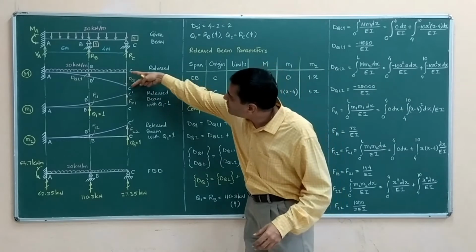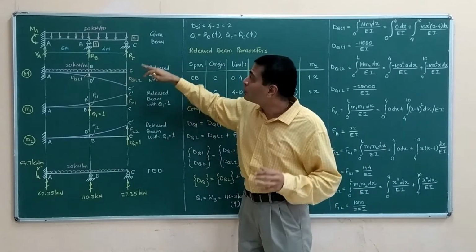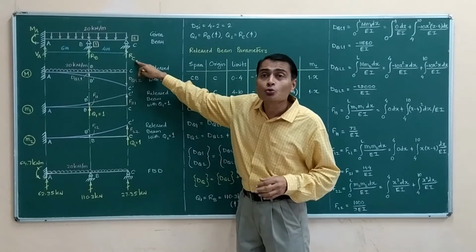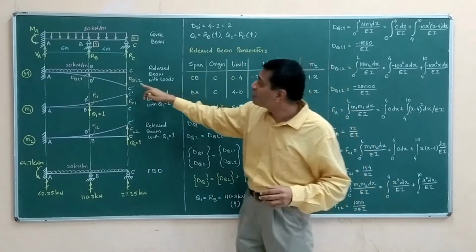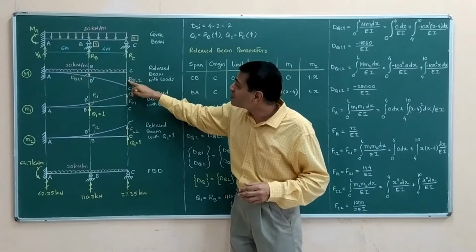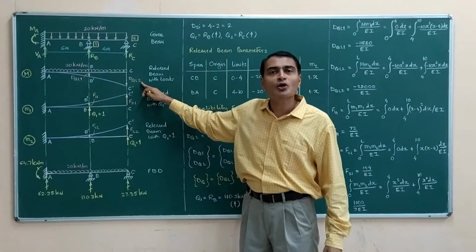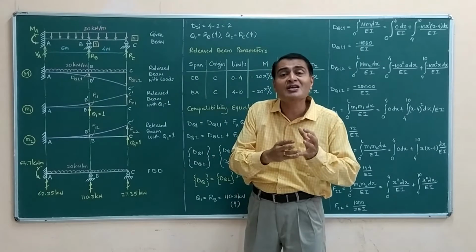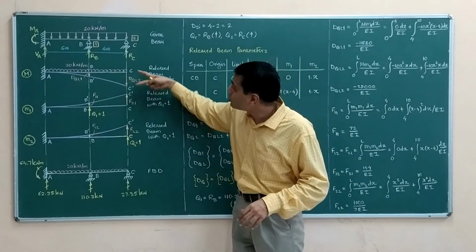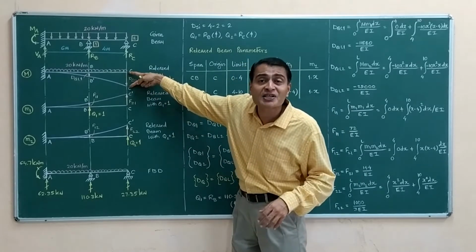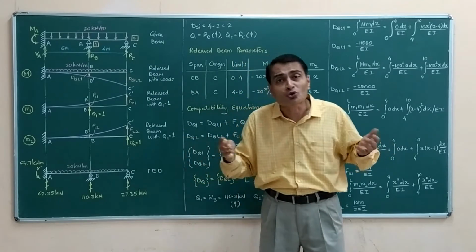Similarly, observe this deflection. Why deflection? Why not observe slope? Because our Q2, our redundant is RC. And what is the meaning of DQL2? It is displacement corresponding to Q2. Q2 is RC, so it has to be a deflection, not a slope. So DQL2 has been shown as this deflection, and it is of course because of the original span loads, gravity loads.